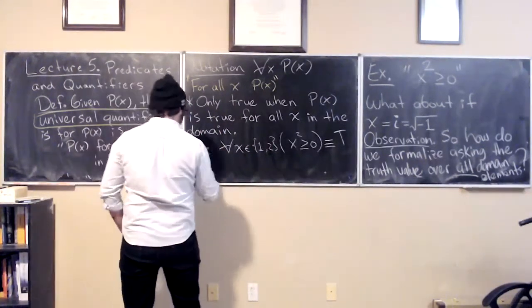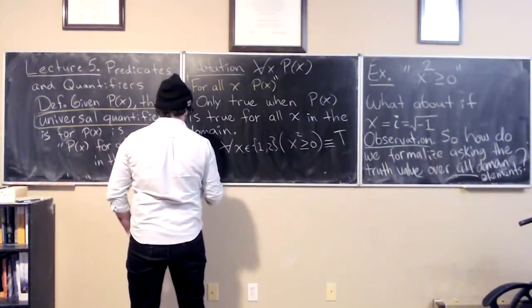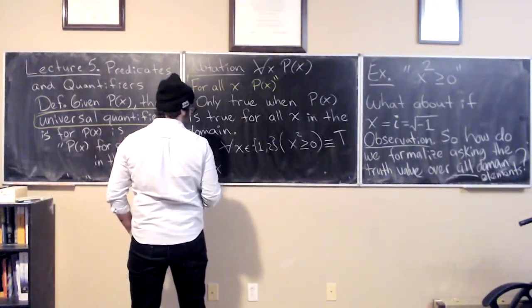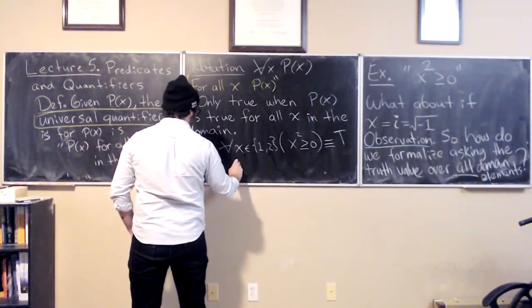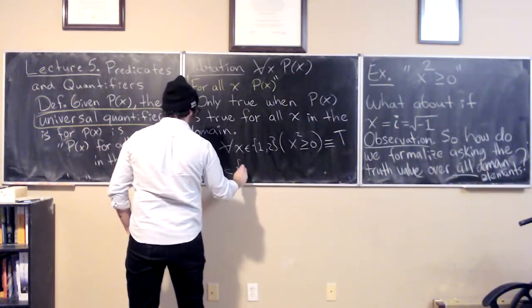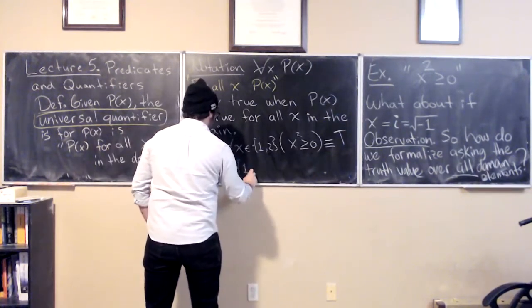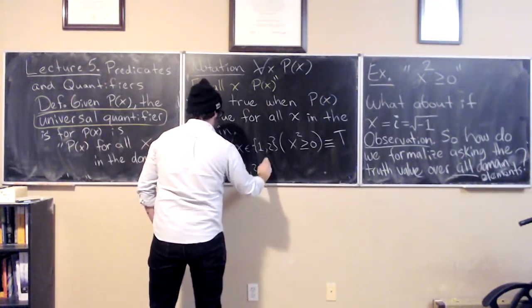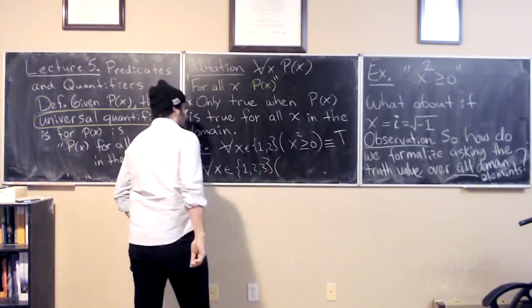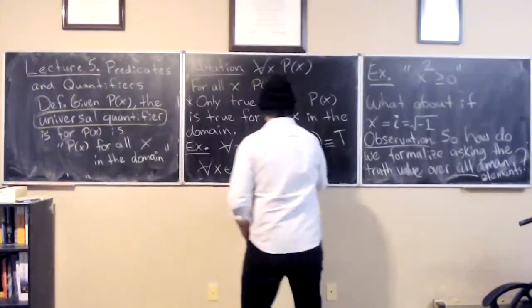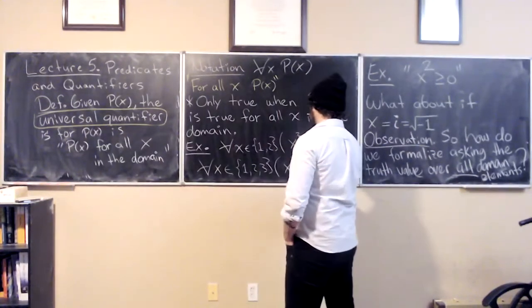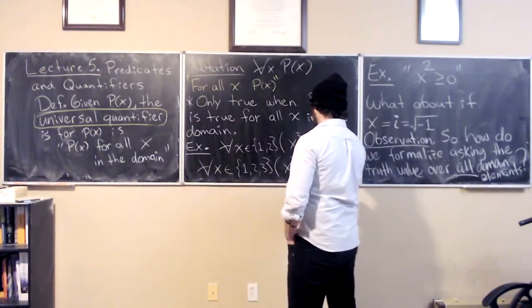But if we look at something like for all x in maybe 1, 2, and 3, and then we'll give the propositional function x squared is greater than or equal to 4.